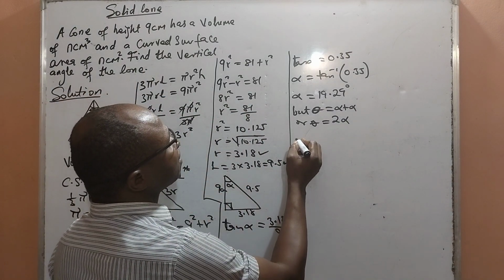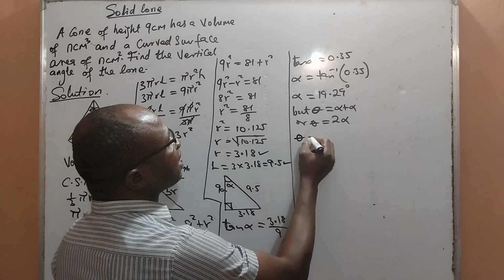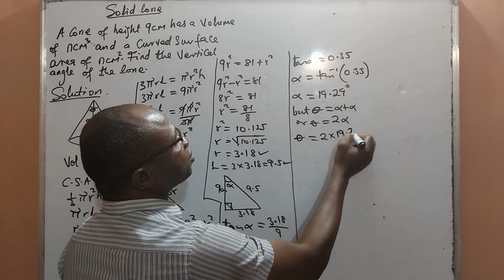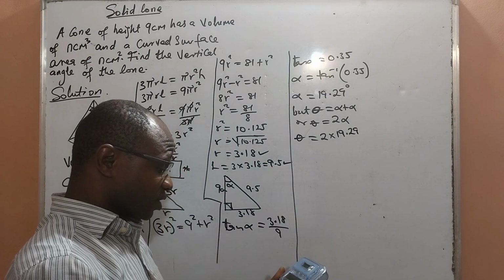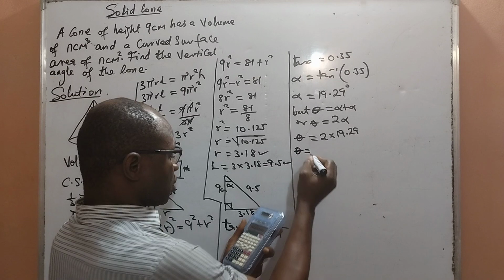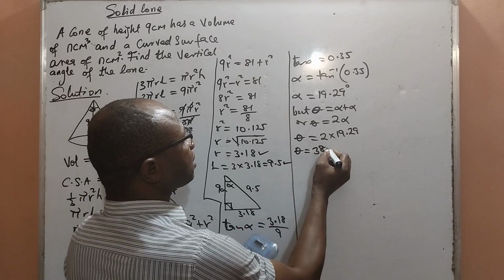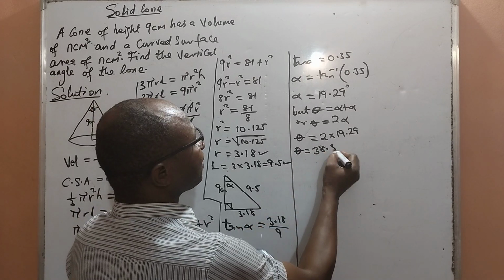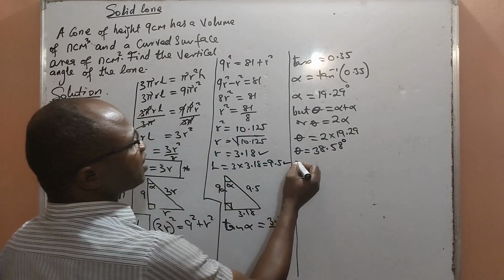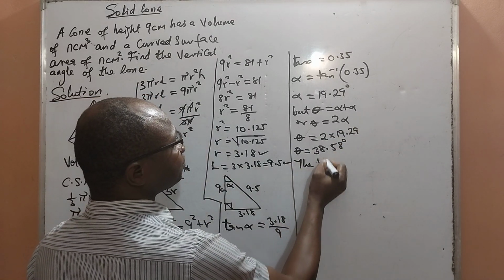So moving forward, the vertical angle theta is equal to 2 multiplied by 19.29 degrees. That is going to give us, multiplied by 2, theta equal to 38.58 degrees.